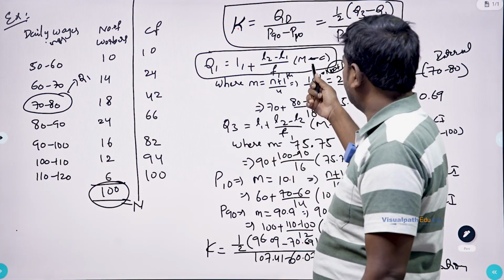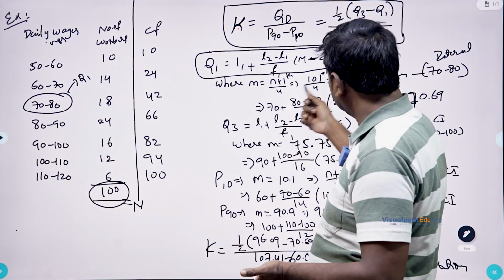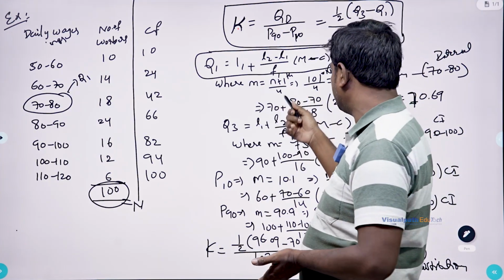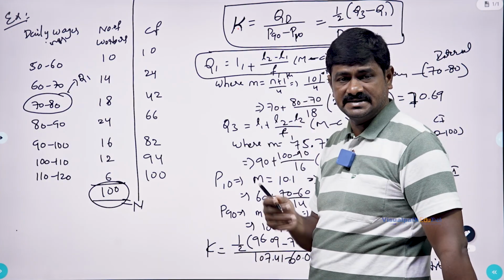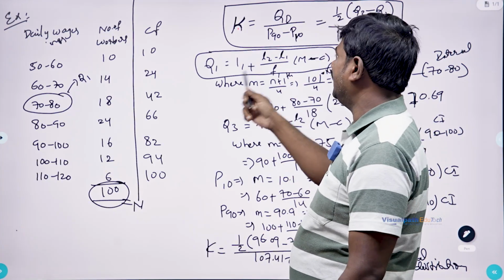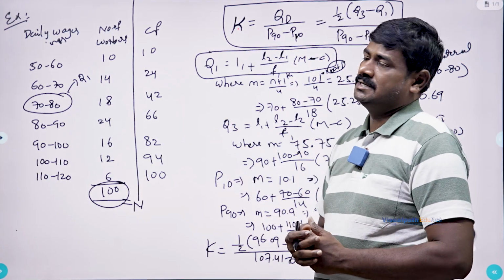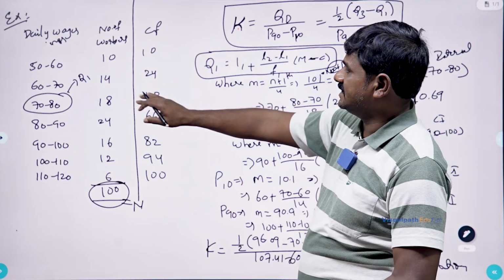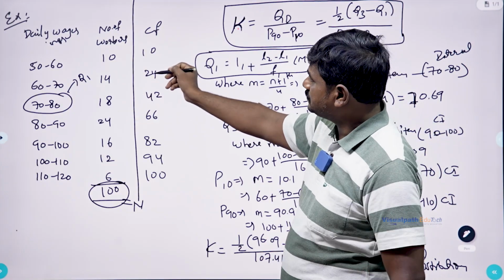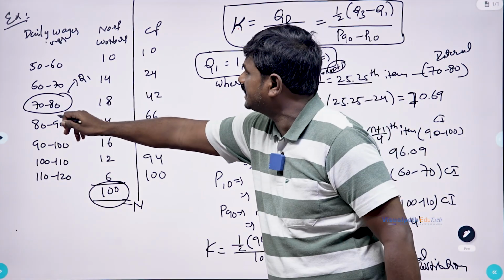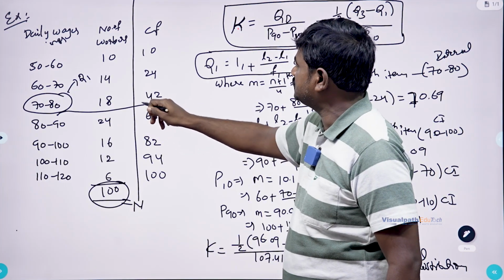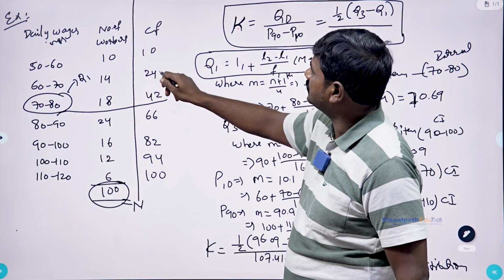M is the item we have selected, the (N plus 1) by 4th item, and C is the cumulative frequency preceding the median class. The cumulative frequency preceding this selected class is 24.